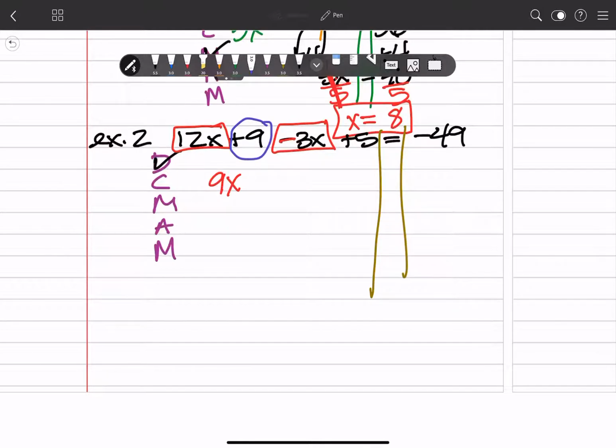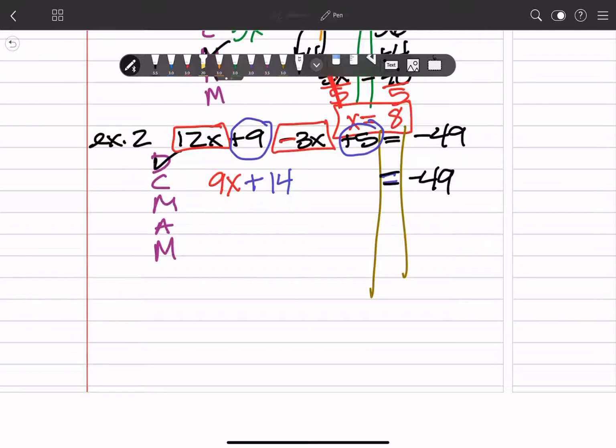And I'm putting a circle around all of these constants. So it's going to be positive 9 and positive 5, which is going to get you a positive 14. And it's going to end up equaling negative 49. Now we're down to a 2-step. So I'm going to have you continue this problem and then type in your answer.